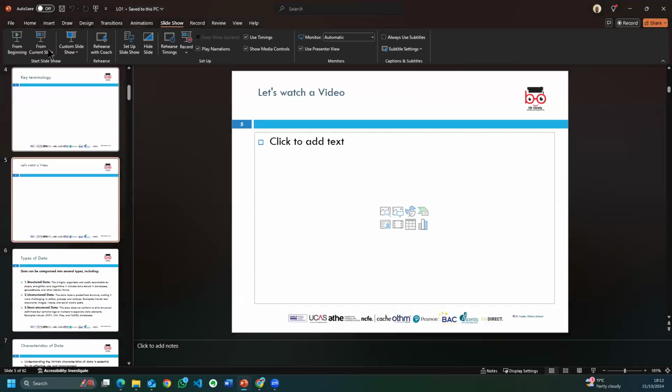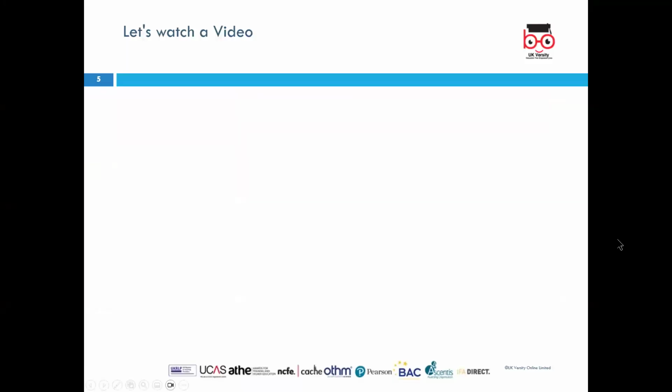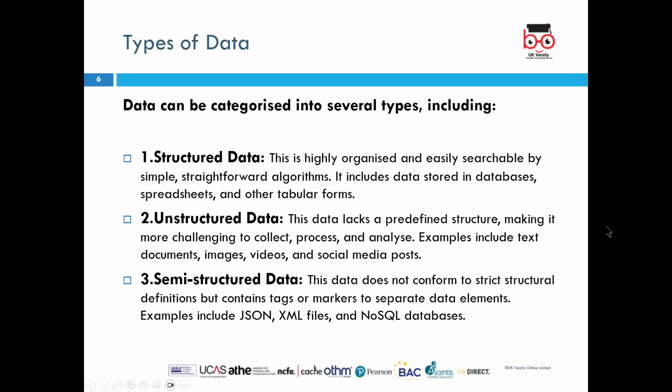Okay, so this video gave us a quick introduction to big data and what we will be covering in today's session. So we've looked into 3 types of data, such as structured data, unstructured data, and semi-structured data. So what do we know by this?